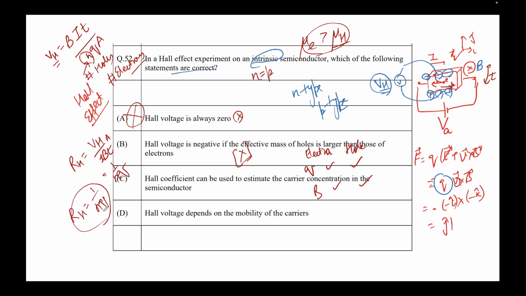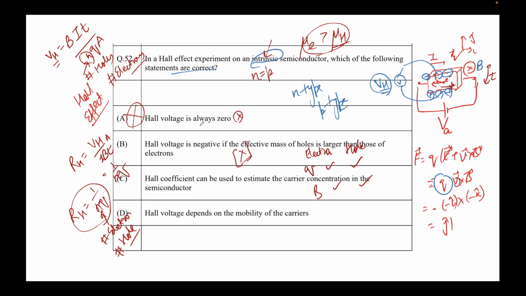Now, Hall coefficient can be used to find this N, your number of holes or electrons, what we call the electron concentration or hole concentration. But since this is an intrinsic semiconductor, this is not so simple, because it has components of electrons as well as holes.